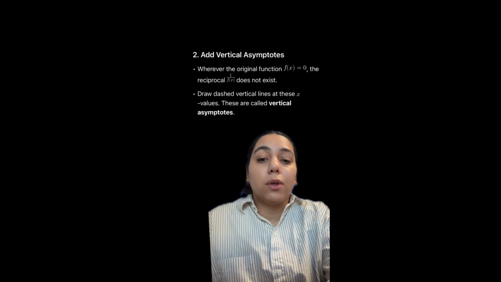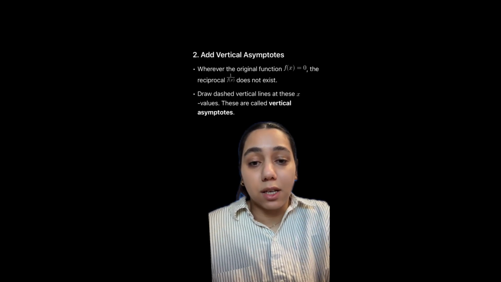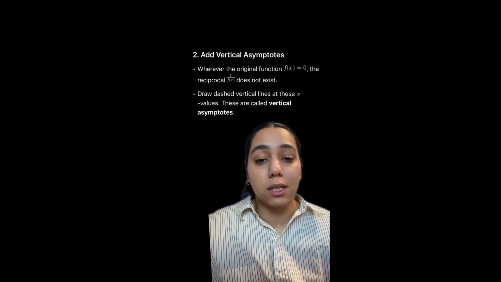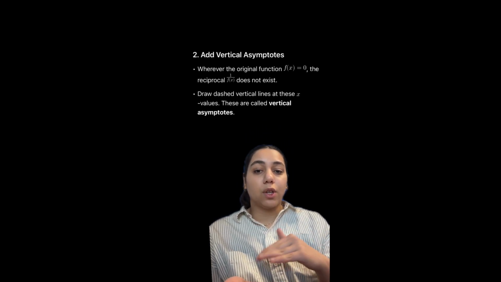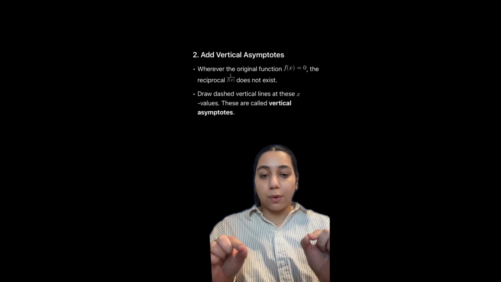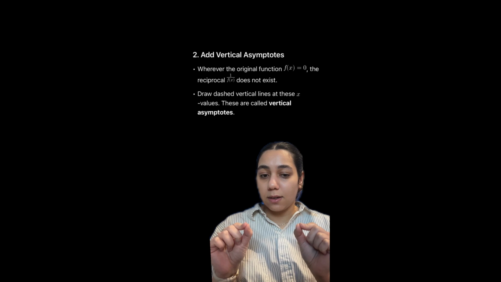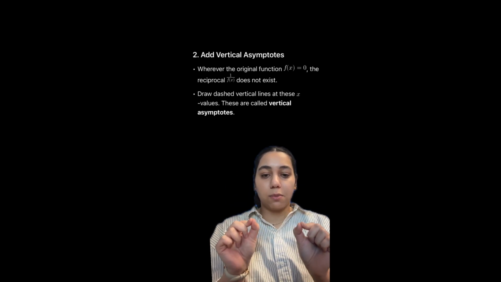Okay, so for finding your vertical asymptote, you have to find where f of x equals 0, or basically those x-intercepts. So when you graph your original function, those points where your graph crosses the x-axis, here and here, for example, imagine this is the x-axis, it crosses this point and this point.